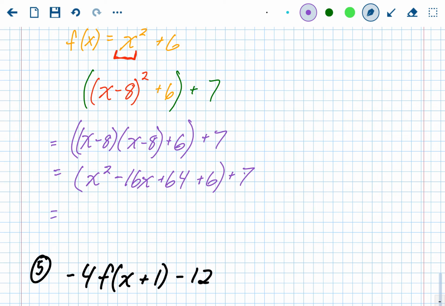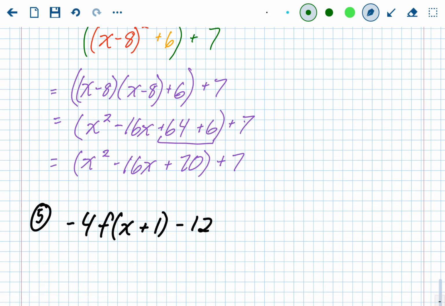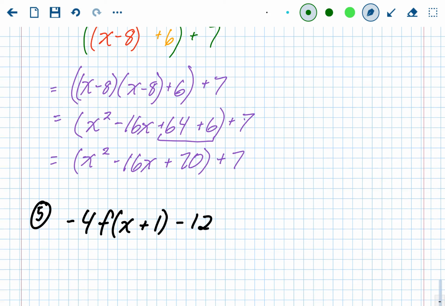Combine like terms inside. It's going to give us x squared minus 16x, 64 plus 6 is plus 70, and then plus 7. And then in the very last step, you could finally combine the 70 plus 7.